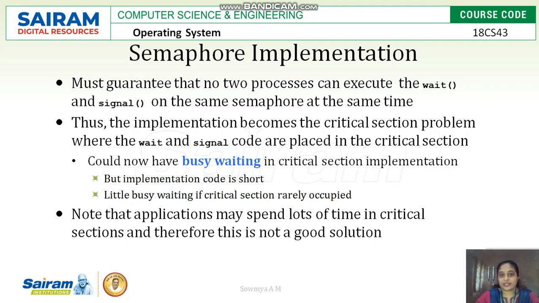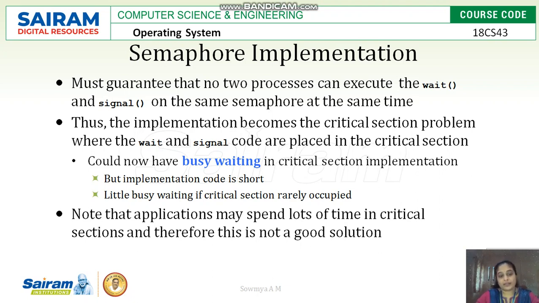Thus the implementation becomes the critical section problem, where the wait and signal code are placed in a critical section. We could now have busy waiting in the critical section implementation, but the implementation code is short, as the signal and wait functions are very small.